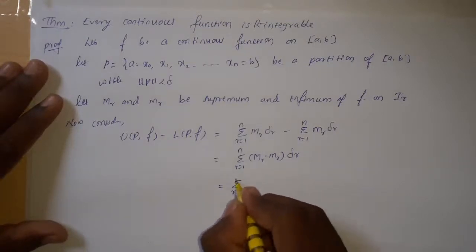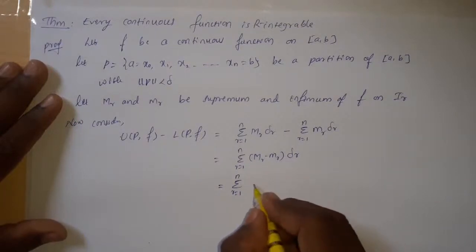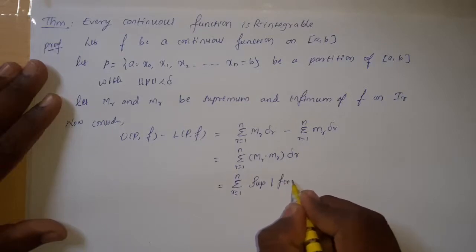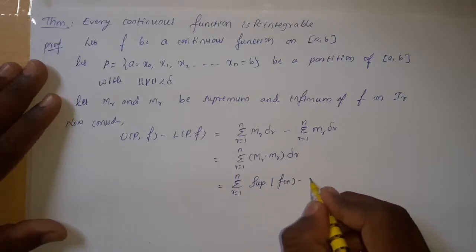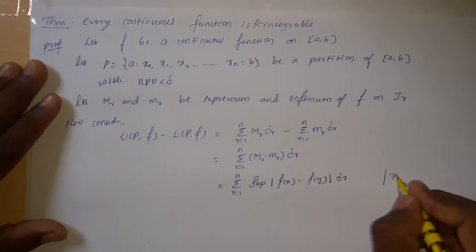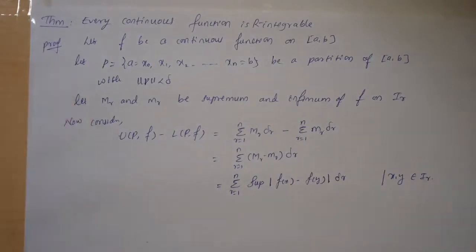Now, it is equal to summation over r = 1 to n of (Mr minus mr), that is, the supremum of |f(x) minus f(y)| into delta r, where x and y are elements of the rth subinterval.